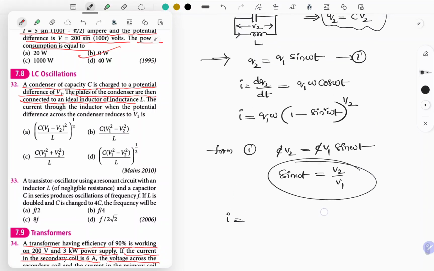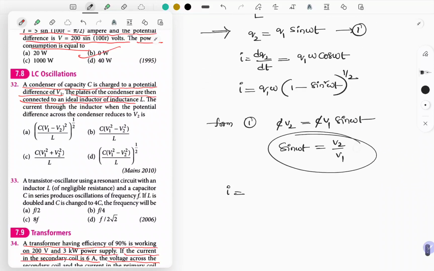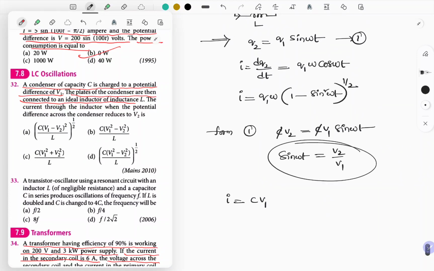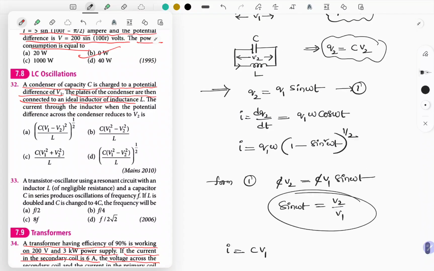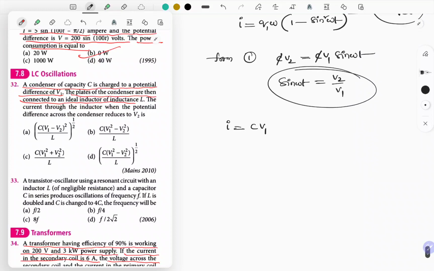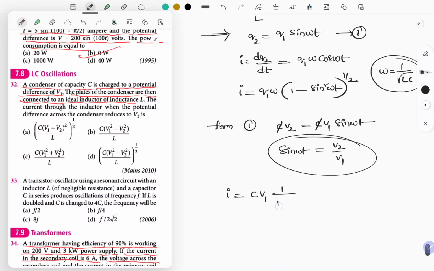What is Q1? Q1 is CV1. What about omega? Omega is the resonant frequency, because we are connecting an inductor and capacitor, so omega is 1 by root LC. Hope you are following. So it's going to be 1 by root LC into (1 minus sine square omega t), which is (V1 square minus V2 square) by V1 square, whole power 1 by 2.